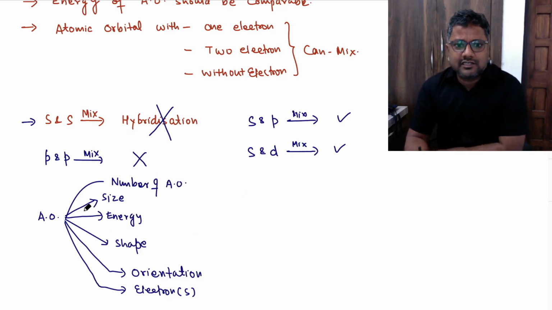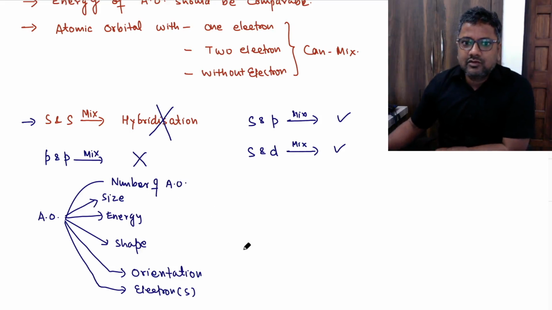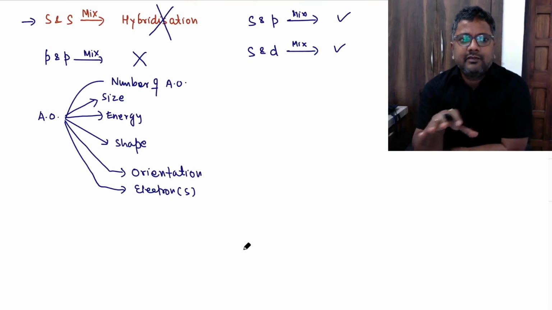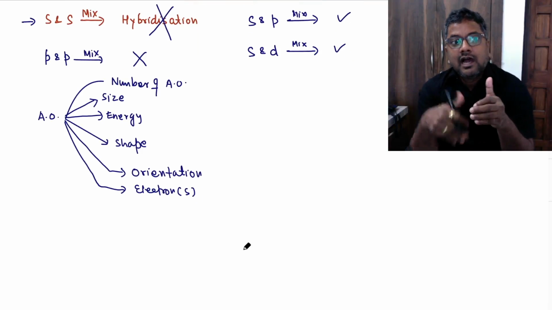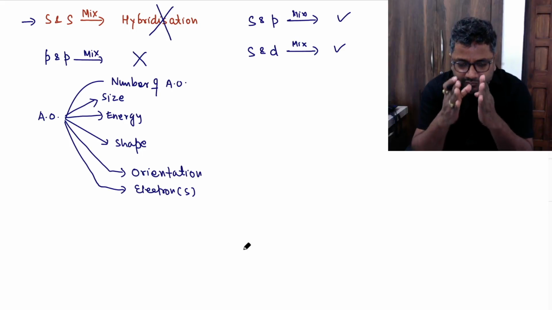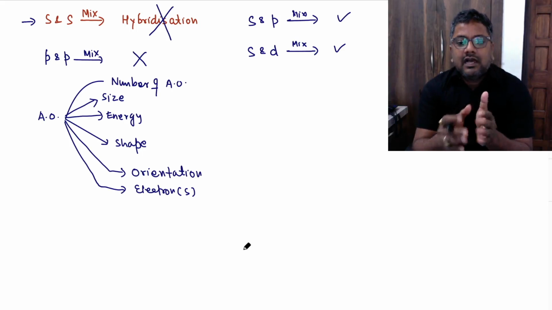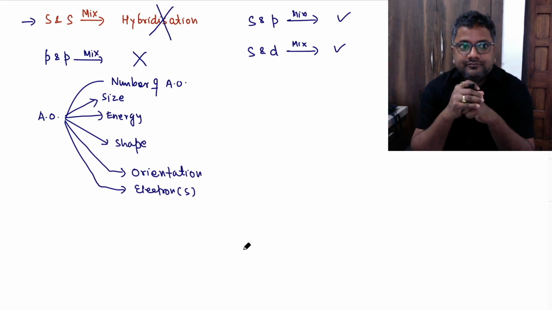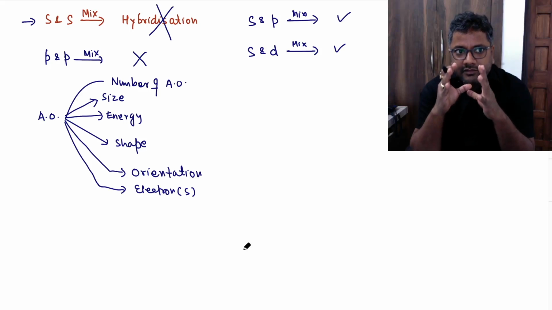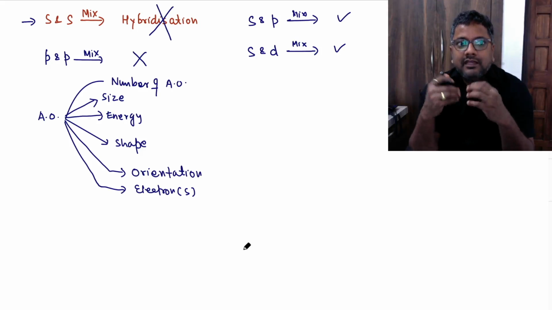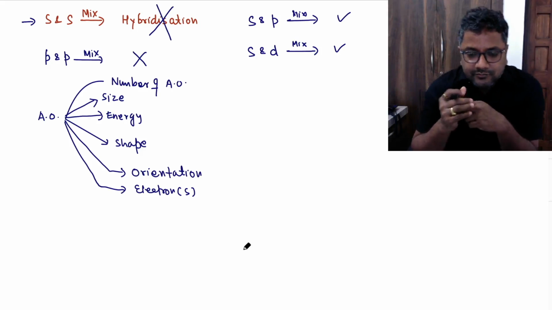So these are the certain features of atomic orbitals. Before mixing, every atomic orbital is pure, it has certain properties. After mixing, some of the properties are conserved and some of the properties are not conserved. So before and after mixing, the atomic orbitals may retain some of the properties and may not retain some of the properties.